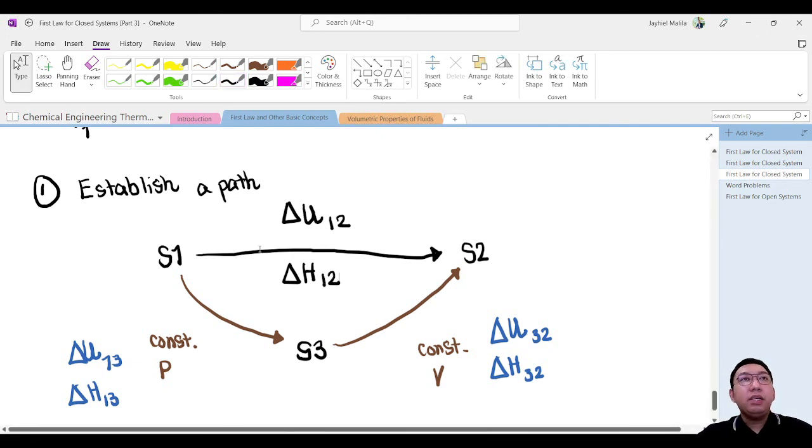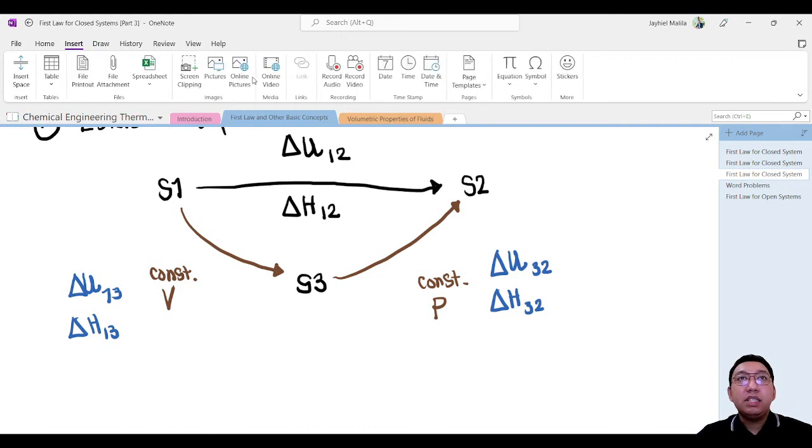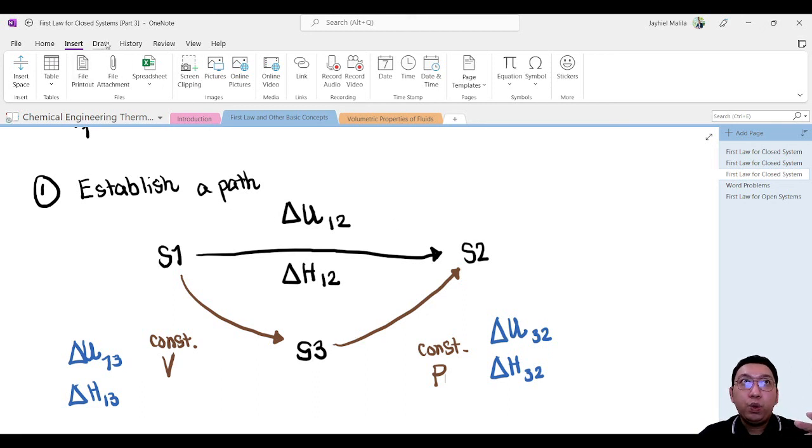Okay, so if you ask me, sir, can we interchange constant P and constant V? Can we make it constant V instead and do it here at constant P? The answer is yes. But at the end of the day, what we are required is the sum of the 1,3 and 3,2 to get the value for 1,2.